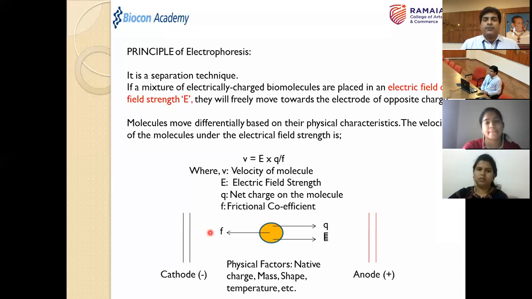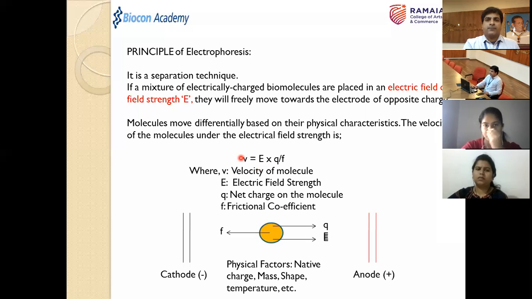Now we are going to discuss, in continuation with our topic, the principle. What is the principle of electrophoresis? It's very simple: separating molecules under an electric field of a particular field strength. How much voltage you apply determines the electric field strength created. You can see the formula, the expression, in the slide.